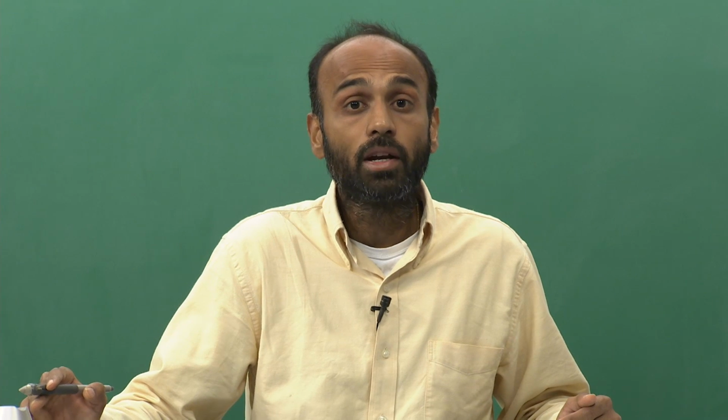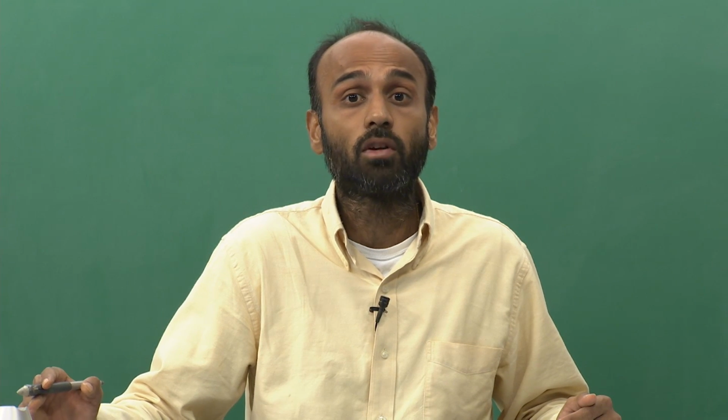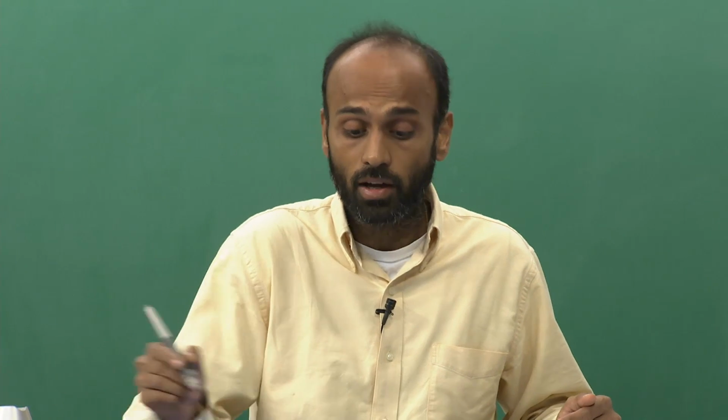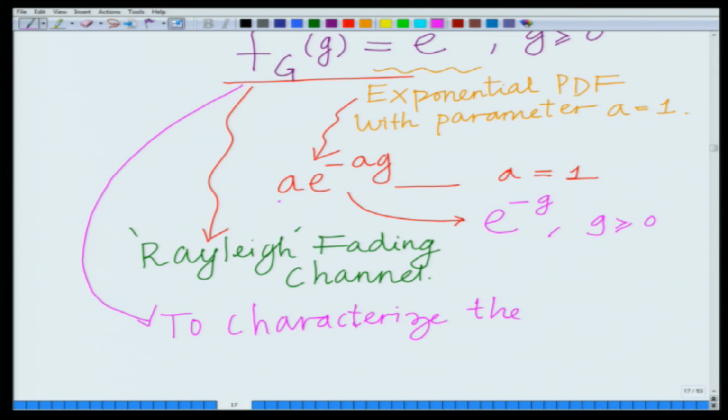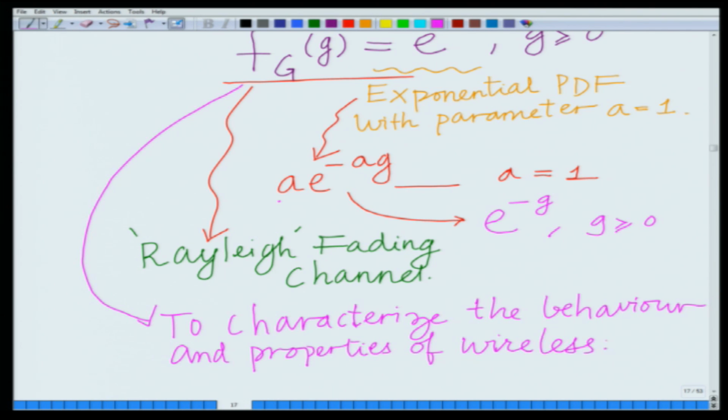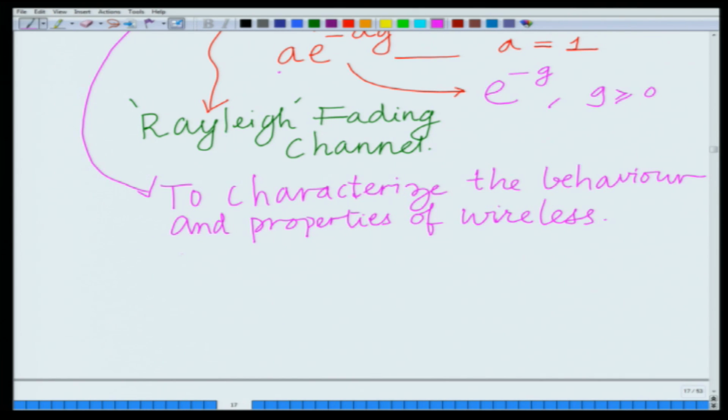And therefore, this probability density function can now be used to answer several interesting questions. For instance, we can use this to characterize the behavior and properties of the wireless channel.